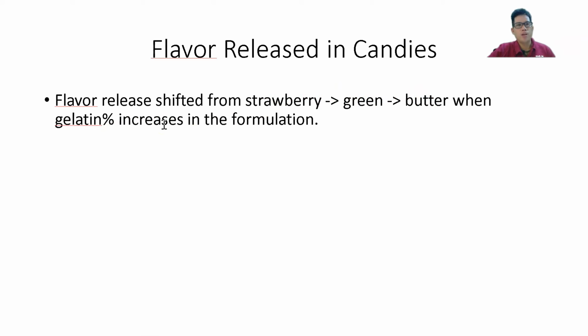I hope these two examples illustrate the importance of the composition as well as the microstructure of food products, which changes the mastication properties, and the resulting flavor release as well as the perception of flavor in food products.